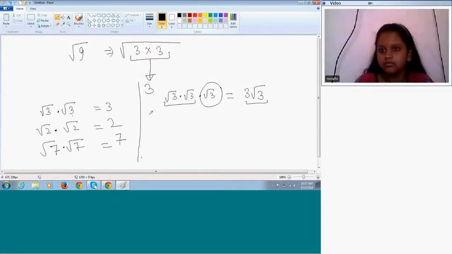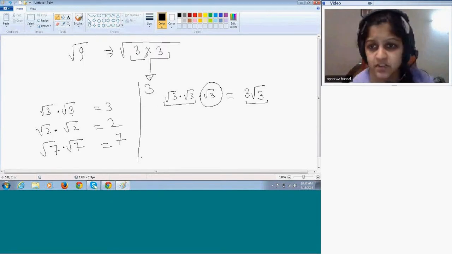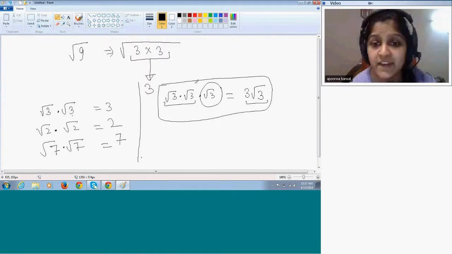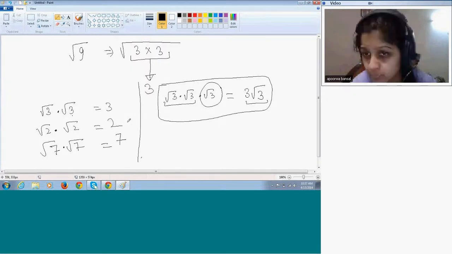Whenever we have odd numbers in root, then we take out the pair, and whatever odd number remains, we write it in the root only. Okay?